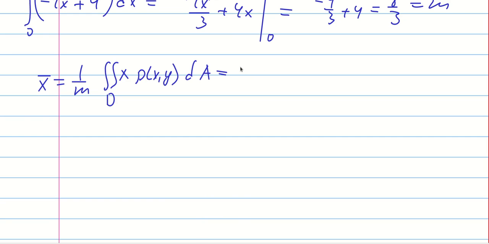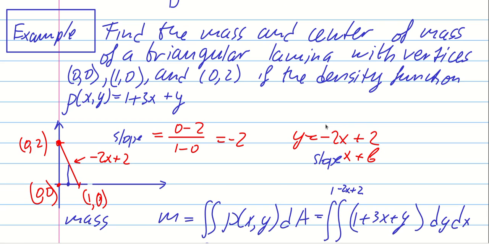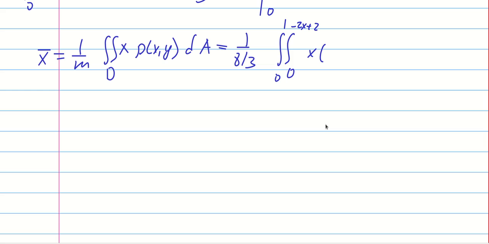So 1 over m is 1 over 8 over 3, and the double integral becomes from 0 to 1, from 0 to negative 2x plus 2, of x times rho. What was rho? Rho was 1 plus 3x plus y. So x times (1 plus 3x plus y), dy dx.